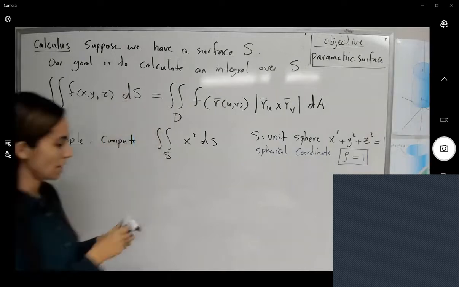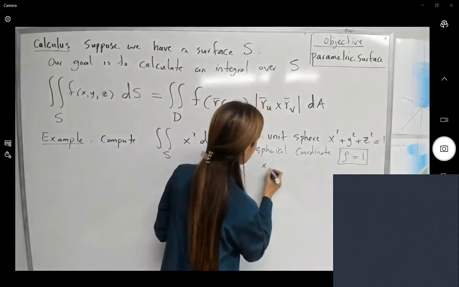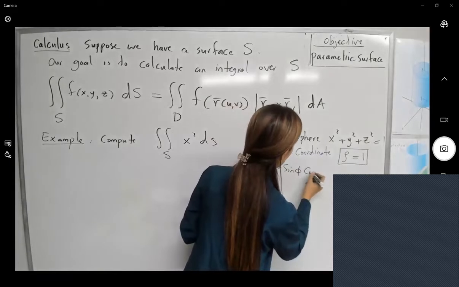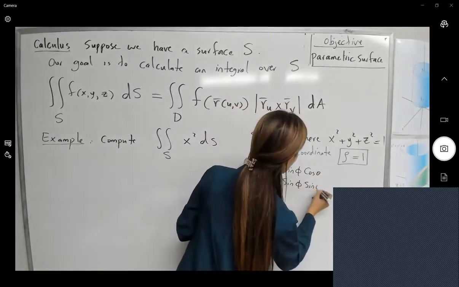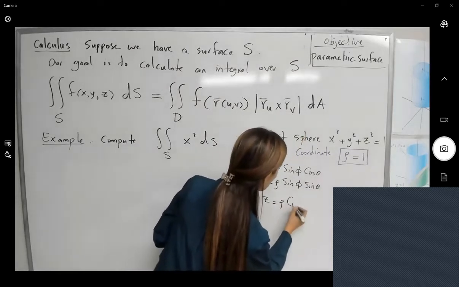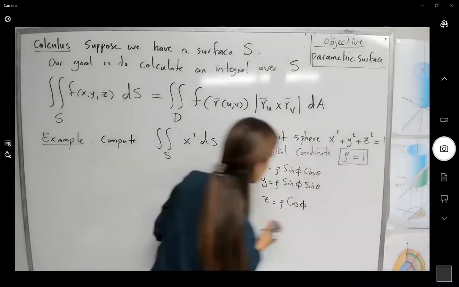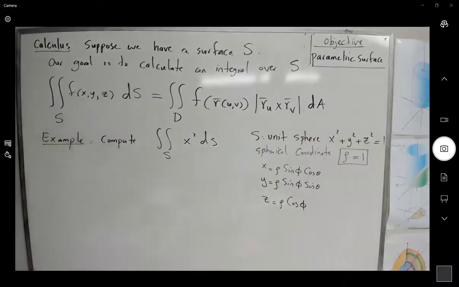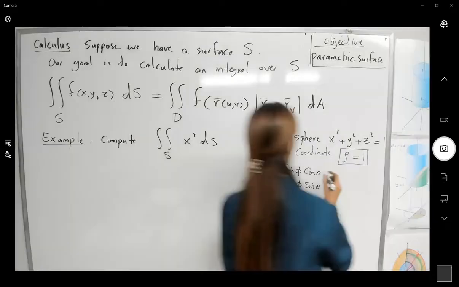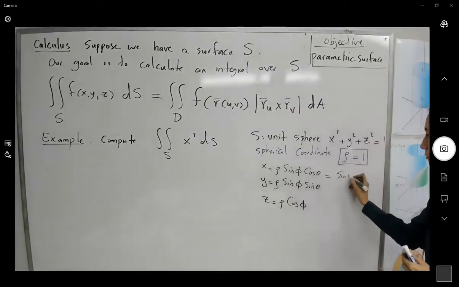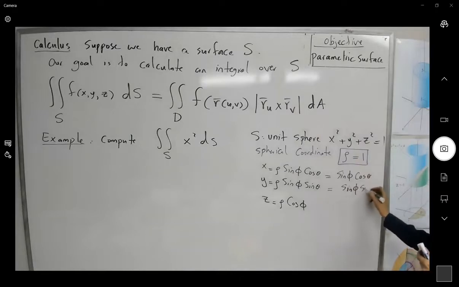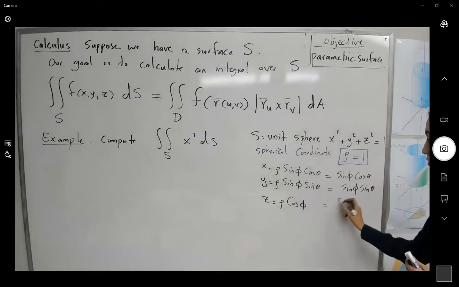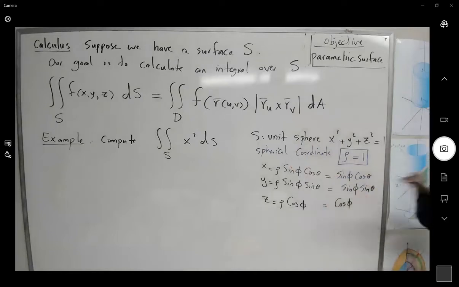Rho is 1 and x is rho sine phi cosine theta, y is rho sine phi sine theta, and z is equal to rho cosine phi. So your x becomes just sine phi cosine theta, y is sine phi sine theta, and z is just cosine phi. We have this conversion.